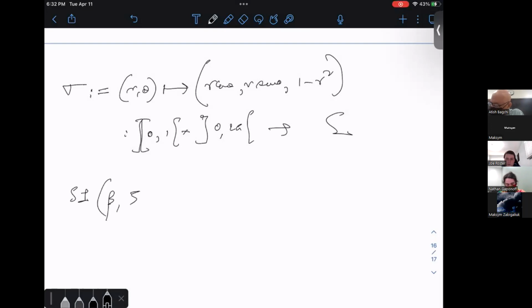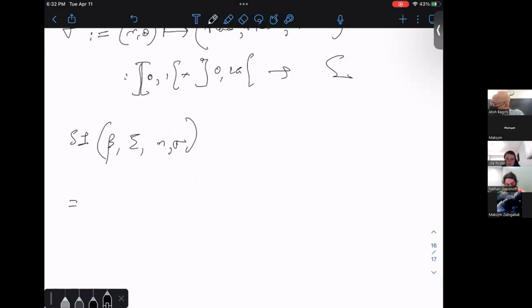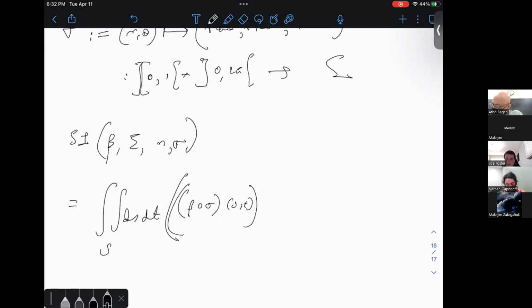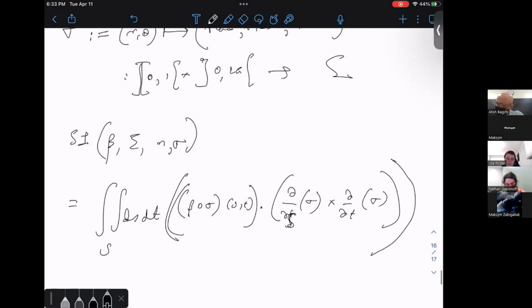The surface integral of beta over sigma is equal to the integral over S of ds dt, beta composed with sigma of (s, t), dot del t of sigma cross del s of sigma, del t of sigma.